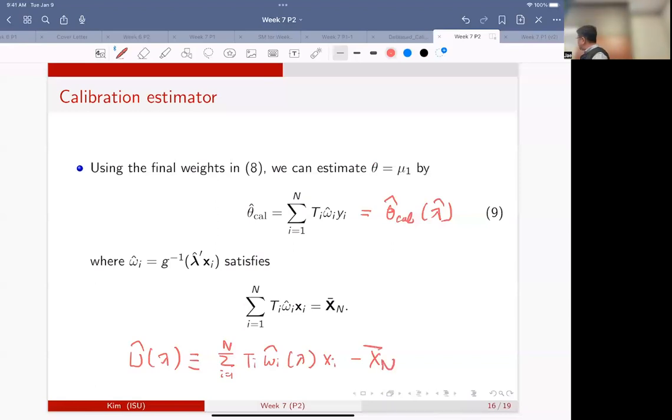So if you define lambda as something like this, then the solution lambda hat is basically a solution to this equation.